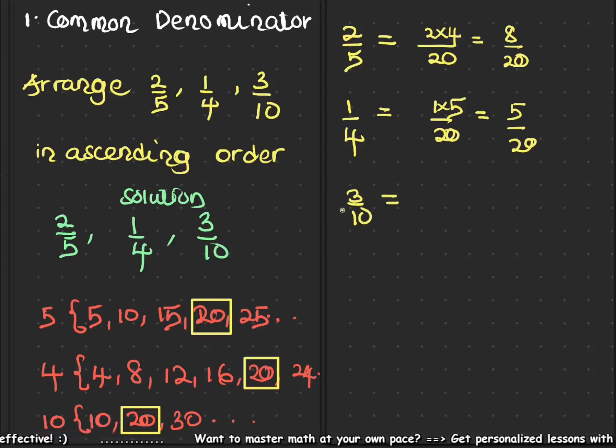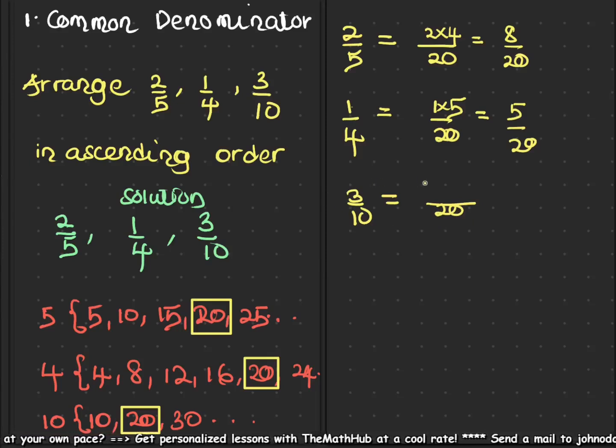For 3 over 10, you can pause the video at this point and try figuring it out yourself. If you're able to figure it out, then that is good. Now we are writing our denominator as 20. And then we ask ourselves, 10 times what gives us the 20 we have over here? So 10 times 2. Hence, we will have to multiply this numerator as well by 2.